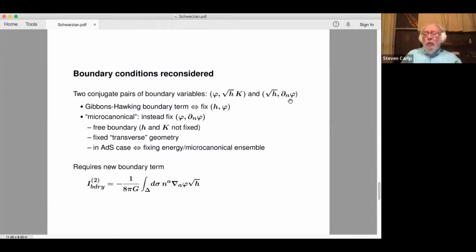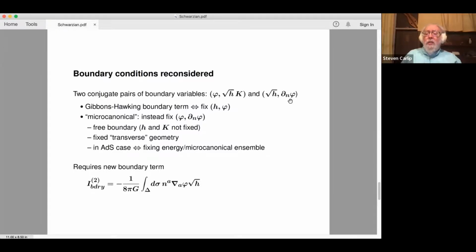The Gibbons-Hawking boundary term corresponds to fixing the metric and the dilaton at the stretched horizon. The dilaton is basically the leftover transverse metric. And so that's equivalent to the usual picture of just fixing the higher dimensional metric at the horizon, which is certainly a sensible thing to do.